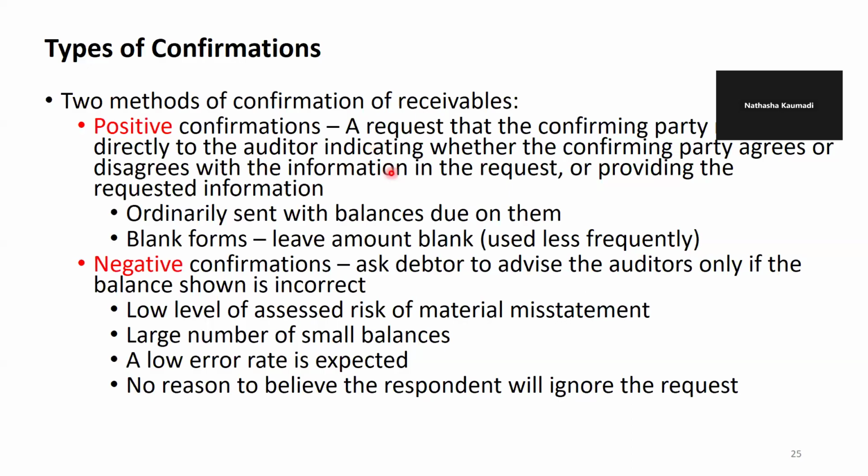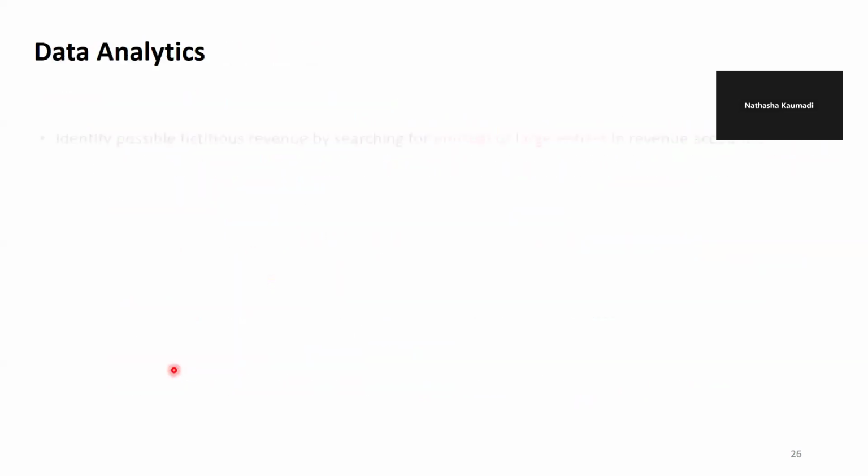Positive confirmation means we are asking the confirming party to confirm whether they agree or disagree. Anyway, they have to reply, right? If we are not receiving a reply for negative confirmation, that means we consider it as they agreed to the balance, right? So I told you in Sri Lankan context what is the most suitable confirmation type.